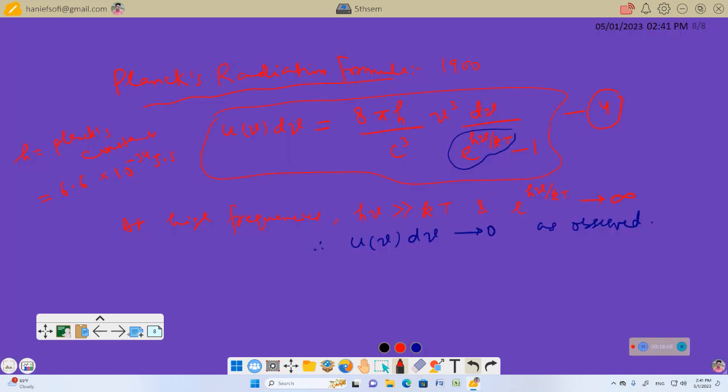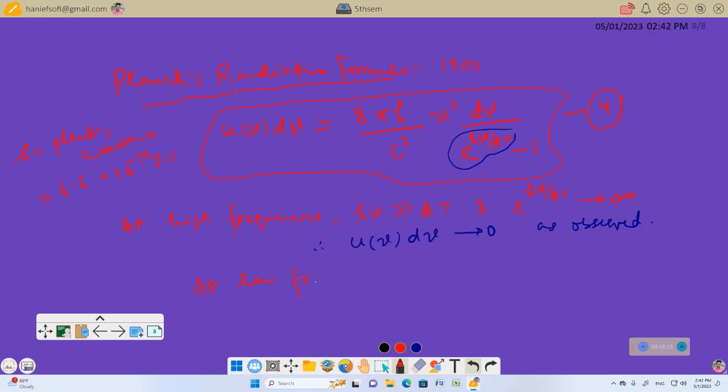Now let us talk about what will happen at low frequencies. Because at low frequencies, this must reduce to Rayleigh-Jeans law. So let us check that.